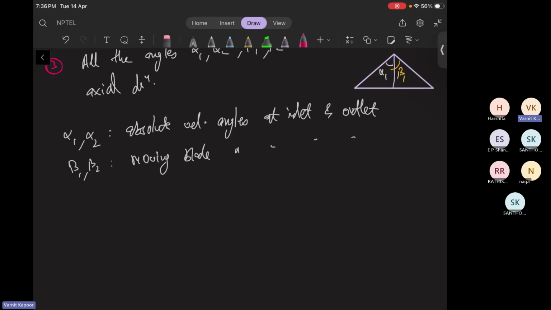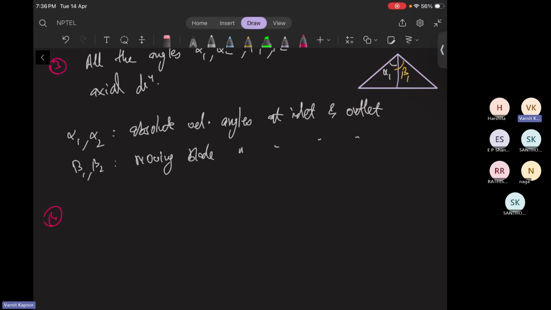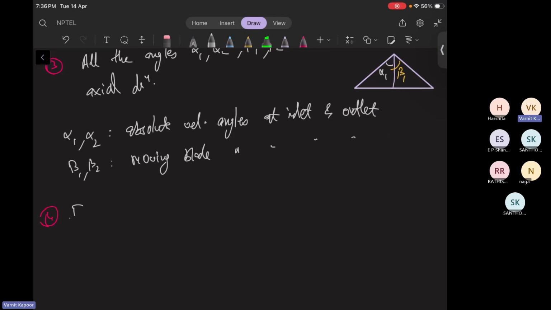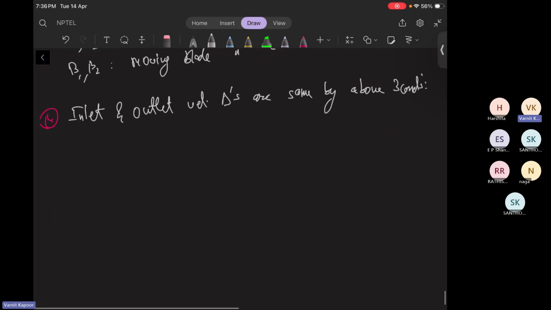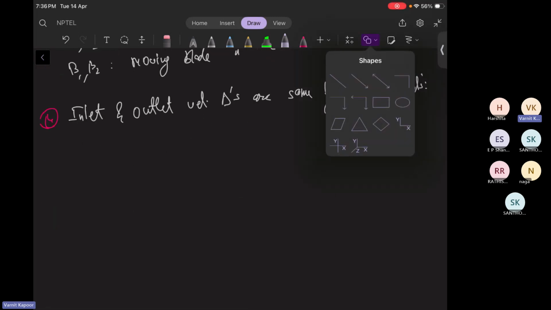Next point, inlet velocity and outlet velocity triangles are the same by the above three conditions.